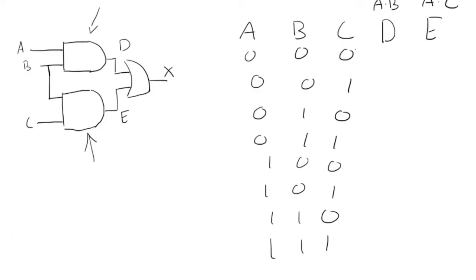So we are going to quickly solve this. So this would be our output here for our outputs of D and E, and we've got one more step, and that is to find our output X. As you can see, I'm running out of space here, so I'm just going to move everything a bit.